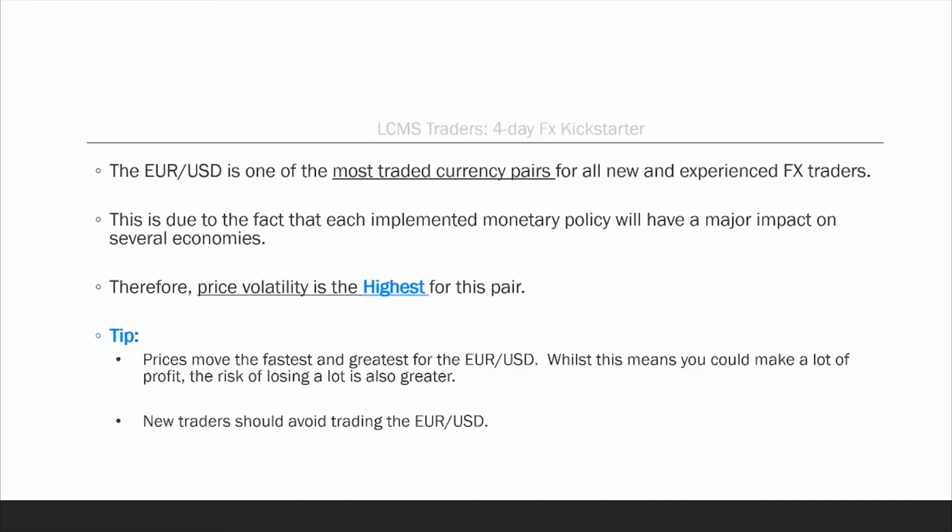Because of that, price volatility is the highest for this pair. And because of that as well, prices move the fastest and the greatest for the euro US dollar compared to a lot of other currency pairs.